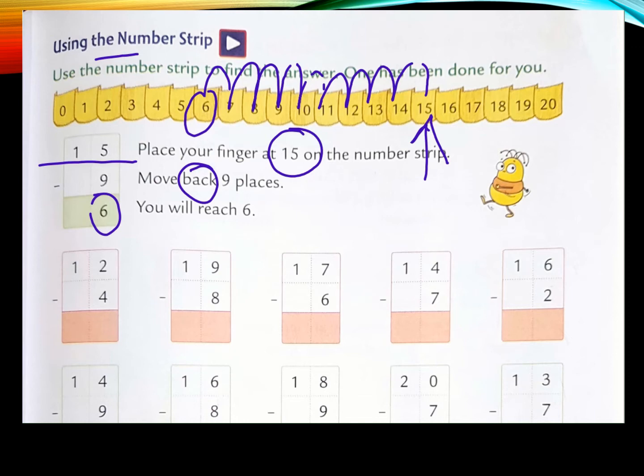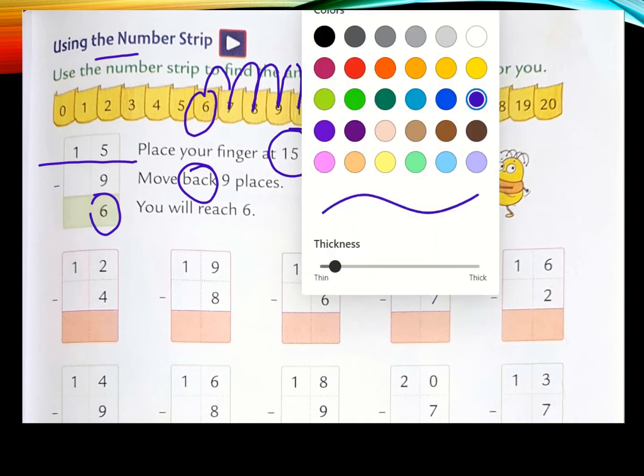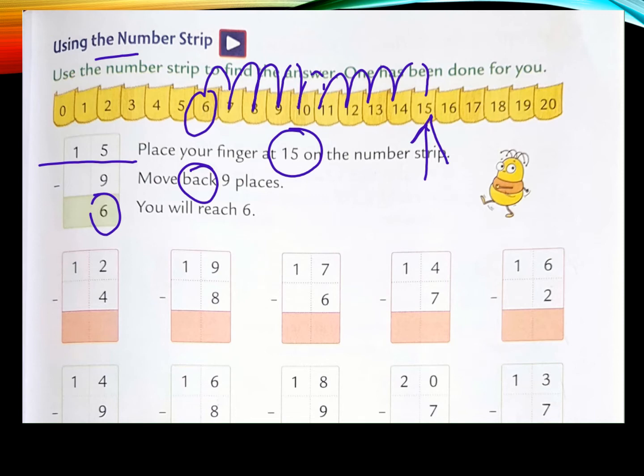12 minus 4. Now let's do 12 minus 4. So keep your finger on number 12. And how many numbers do we have to count backwards? 4 numbers. So 1, 2, 3, 4. What is the number? 8.